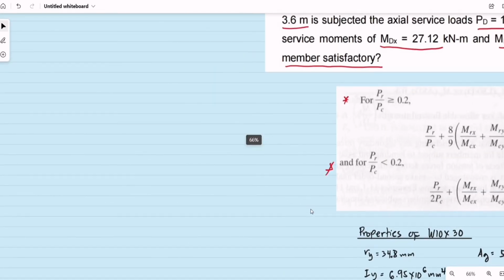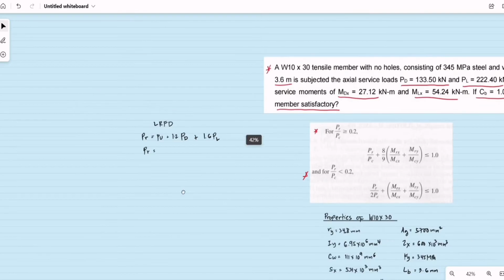Okay, so for our PR, since we are doing the analysis under the method of LRFD, PR is the same as PU, which is equal to 1.2 of the dead load plus the 1.6 of the live load. So we'll be having the value of the P sub R, or the required axial force capacity.